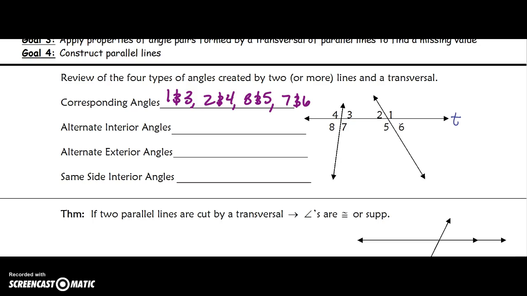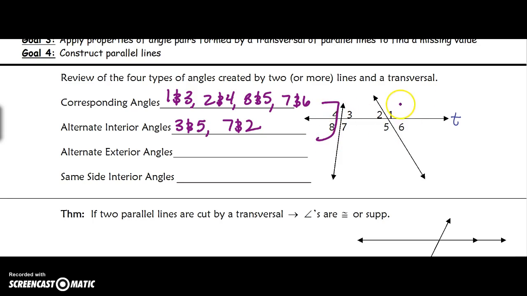Alternate interior angles, remember, are on the inside of the two lines that are crossed over by the transversal. So alternate interior angles, you would take one, let's say 3, and then you would go across that transversal, so get 3 and 5. 7 and 2 are also another pair of alternate interior angles.